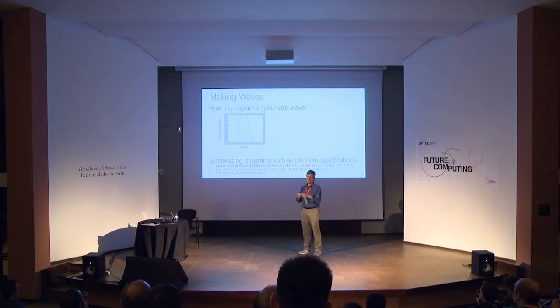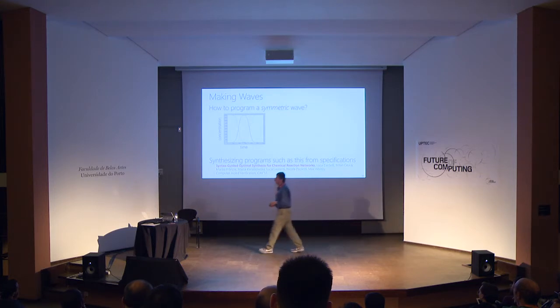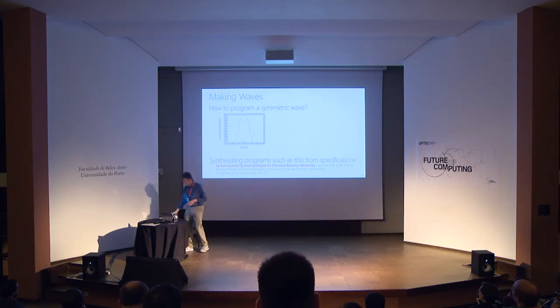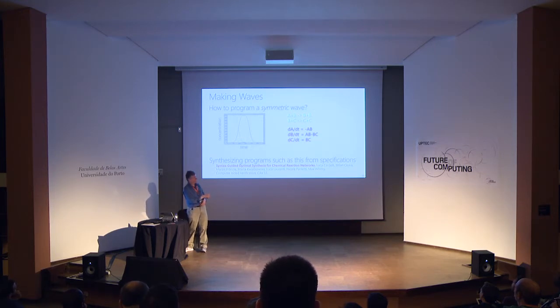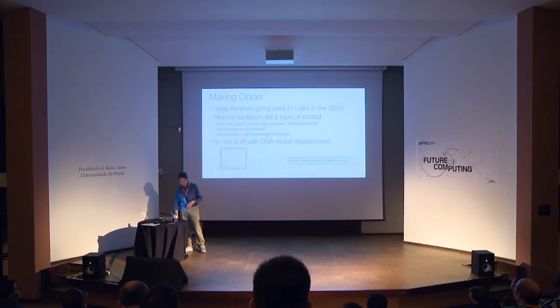If you have a bimolecular reaction, it's a quadratic law, it's not symmetrical. So how do you build an output like that? But the answer is simple, 2 reactions, and you can do that. You can try that. And you can check that the result is correct by computing differential equations and noting the symmetry there.